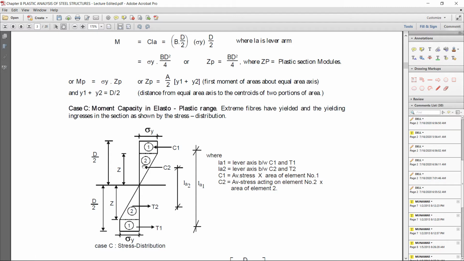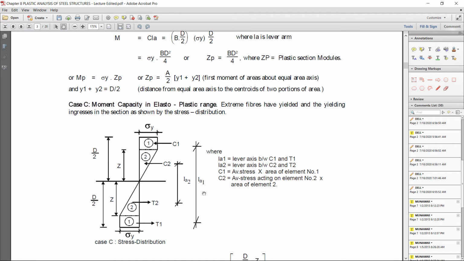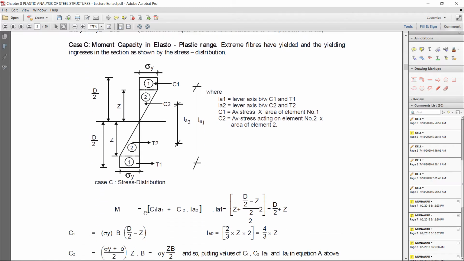Okay, the lever arm between the elastic sections C2 and between the plastic section C1 and T1 is LA1. Okay, so here is the moment formula: force into lever arm, force into LA1, second force C2 into LA2.